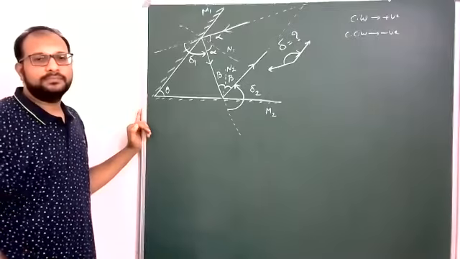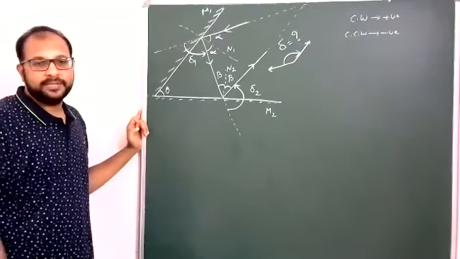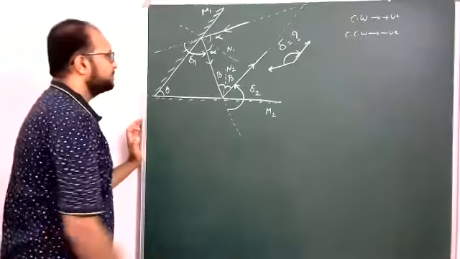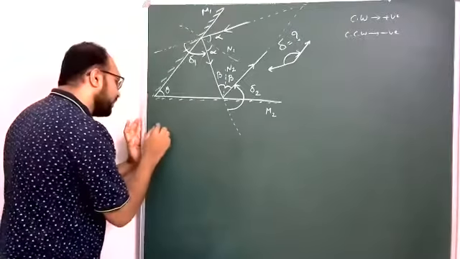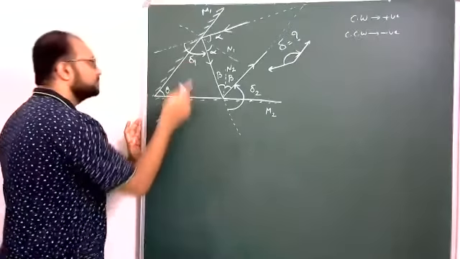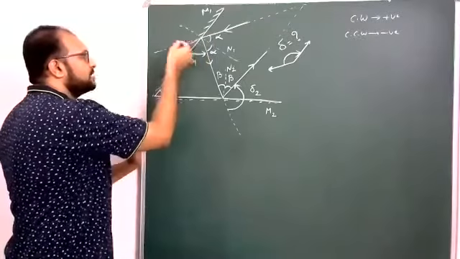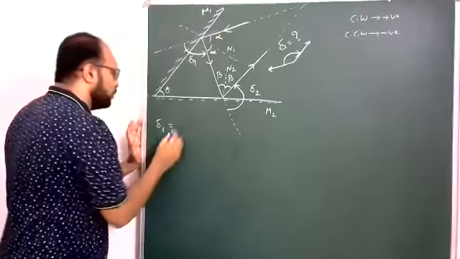Now the net deviation will be, but before that, delta 1 equals 180 minus 2 alpha.